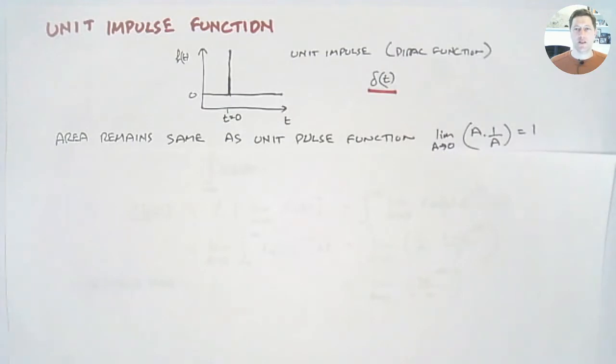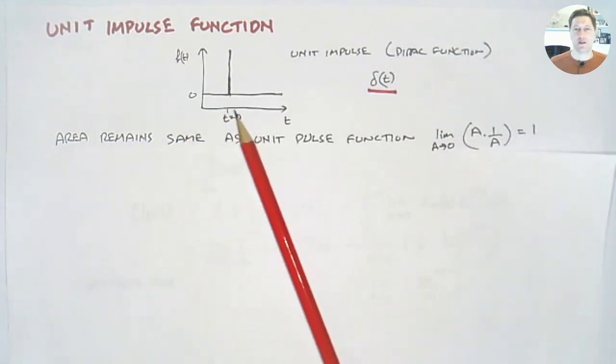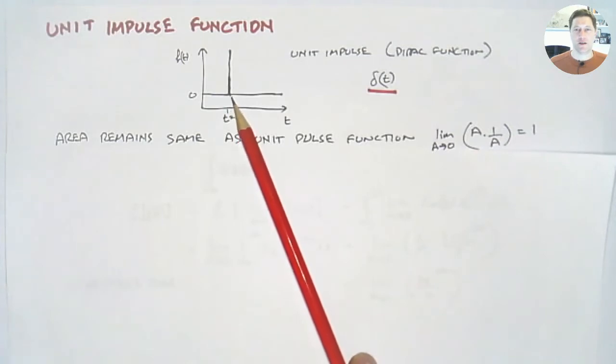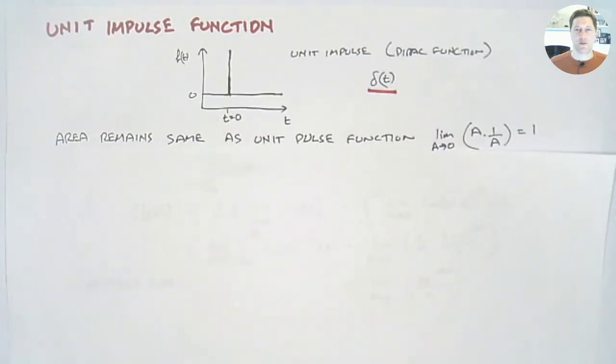So even though it's 0 over everything apart from t equals 0, it is still a thing. So the area remains the same as the unit pulse function. And we're considering the limit as a tends to 0 of a divided by a, and that is equal to 1. So this function has an area of 1, even though it is only there for an infinitesimally small time.